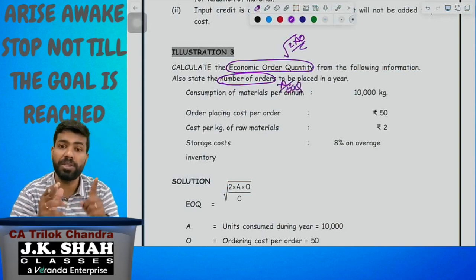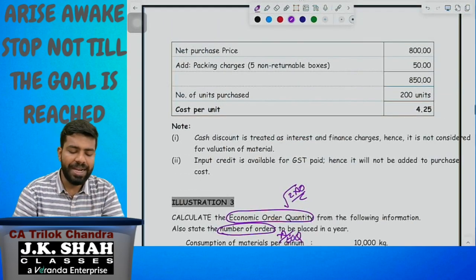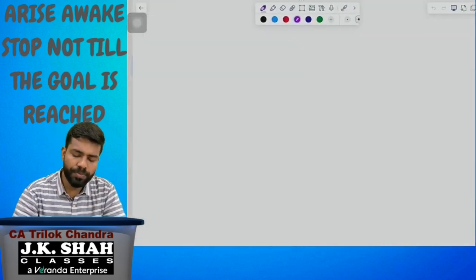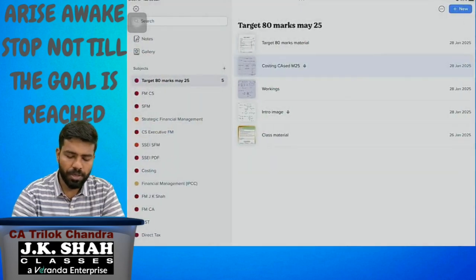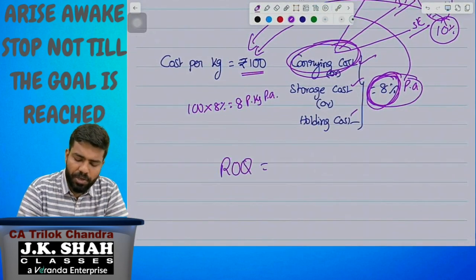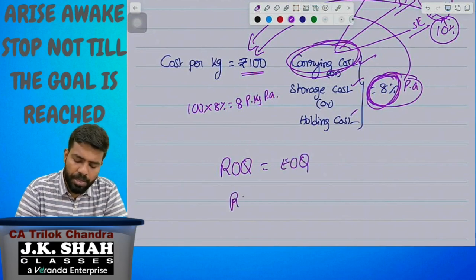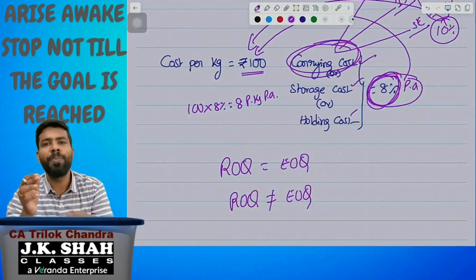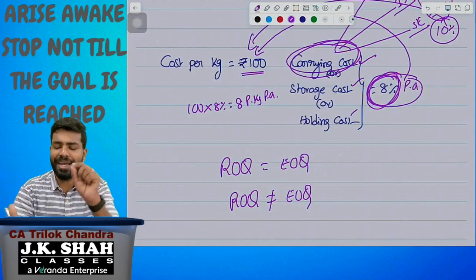If they give it, and one more thing, let me clarify one more point. I discussed ROQ and EOQ. Now the point is whether ROQ equals EOQ or ROQ is not equal to EOQ. Please understand, we will be calculating EOQ by taking all the assumptions. Let me take an example.